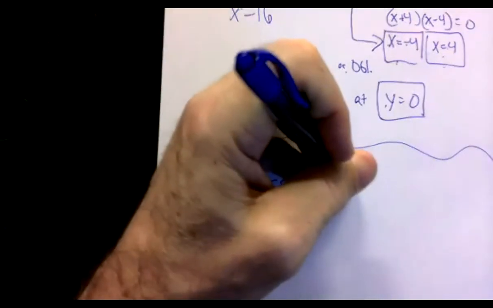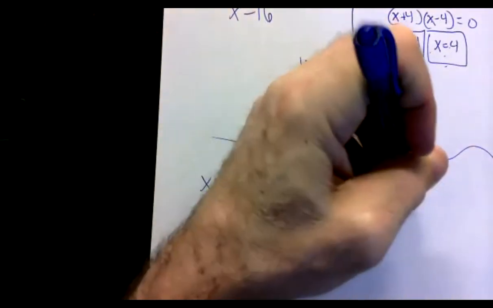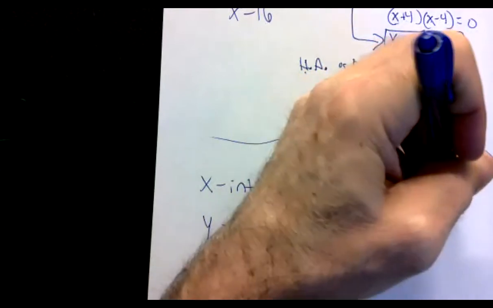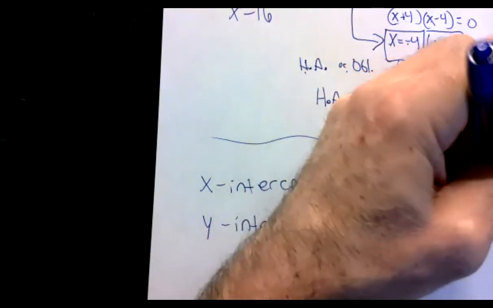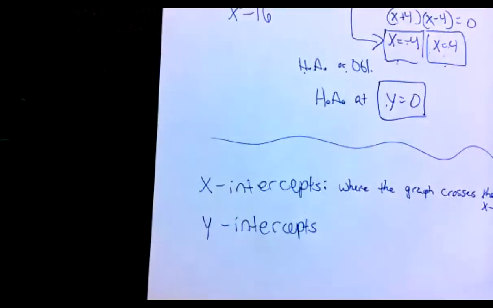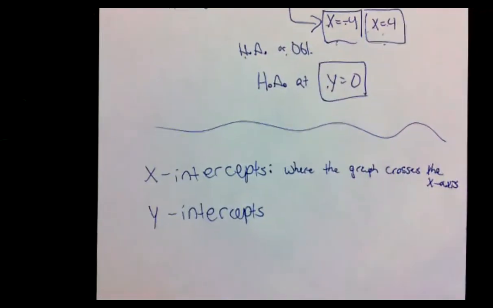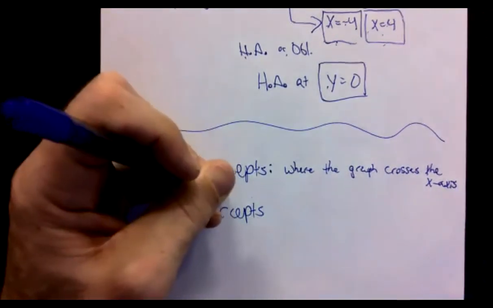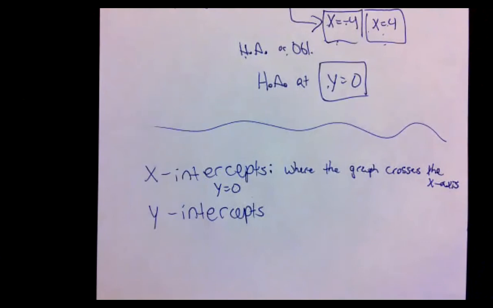Your x-intercept is where the graph crosses the x-axis, basically that's whenever y is 0.